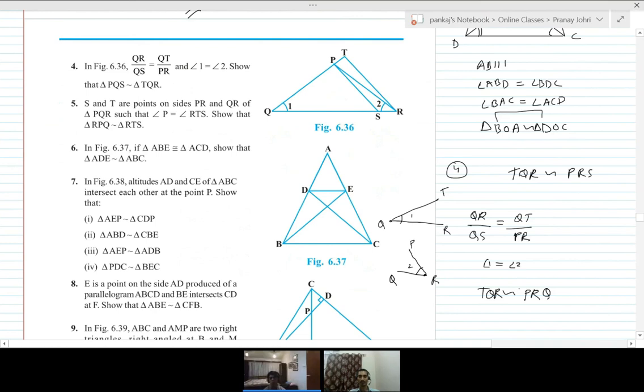Just see the arrow. TQ by PR is equal to QR by RQ, and then after that, angle RPQ is equal to angle TQR.